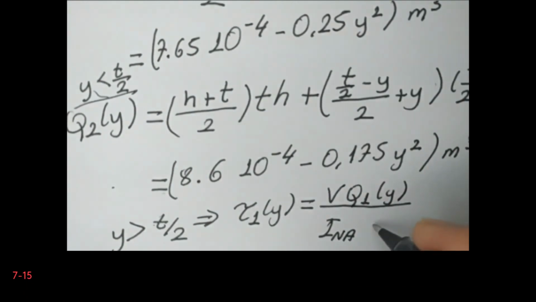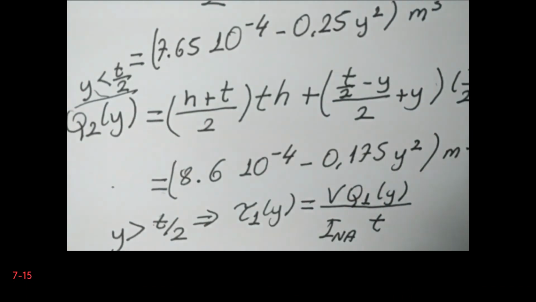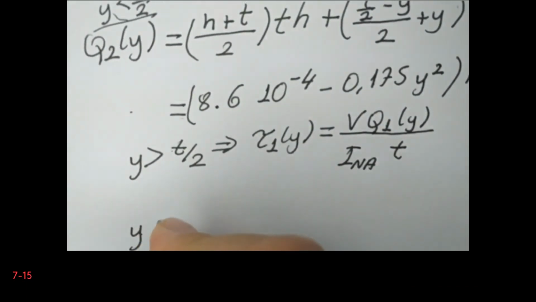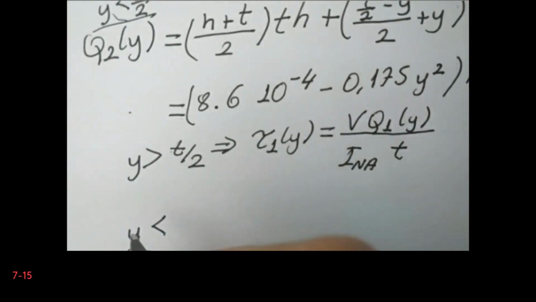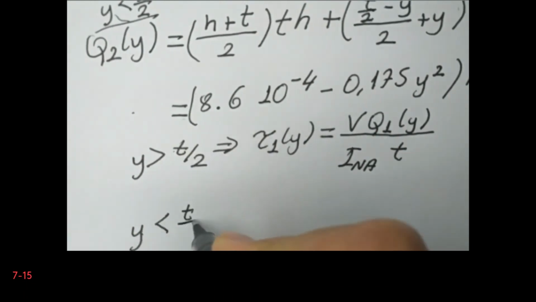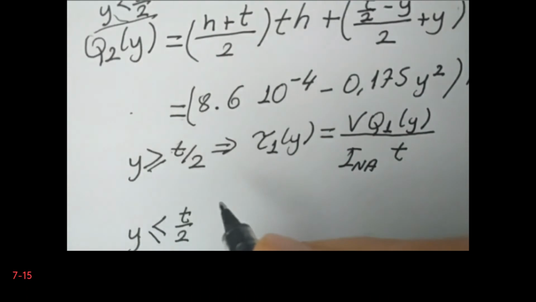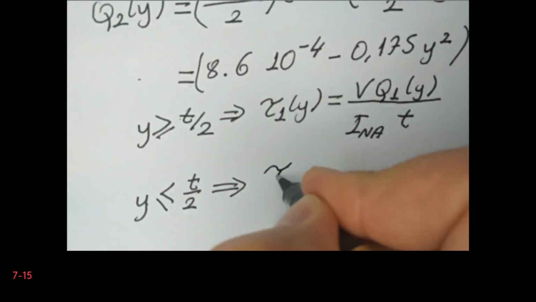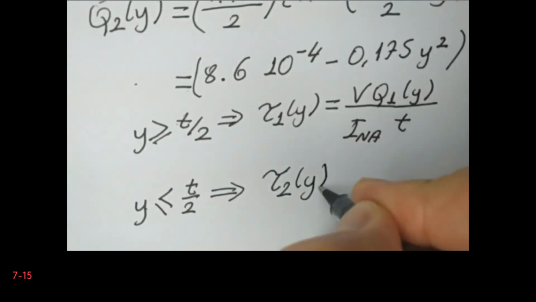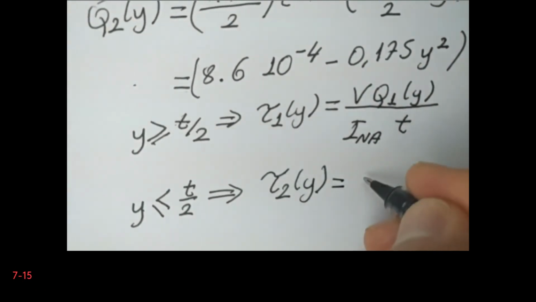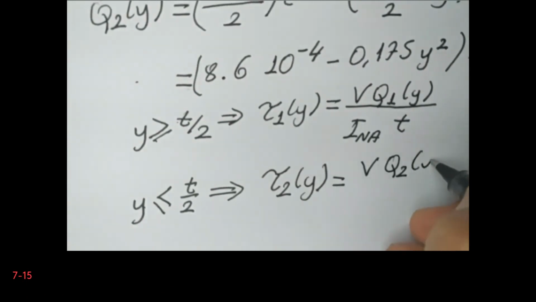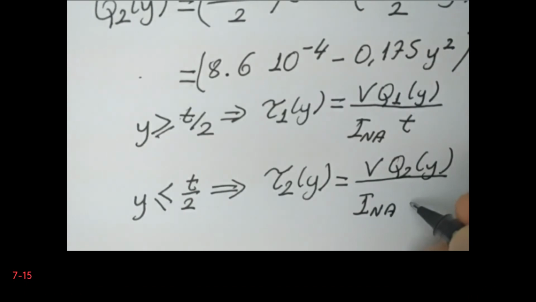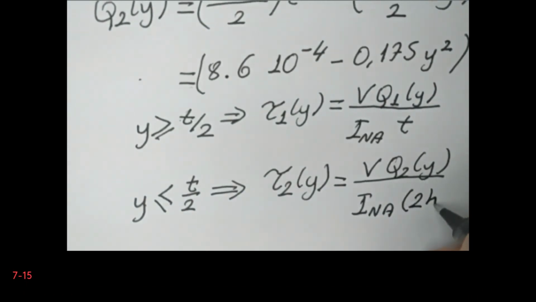Now when y is smaller than t over 2, we have T2y, and then we have V Q2y divided by I multiplied by, now the width there is 2h plus t. So these are the stress distributions.